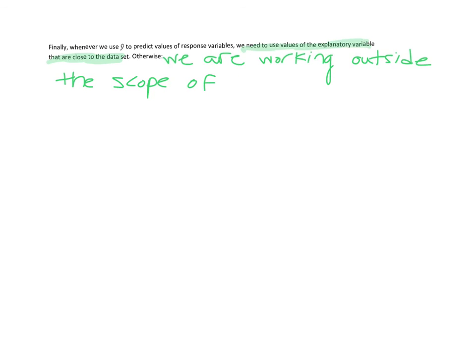Otherwise, we risk working outside the scope of the model. Okay, so our least squares regression line is only guaranteed for values that are close to the actual observations.